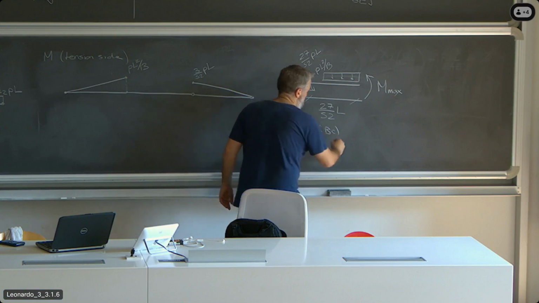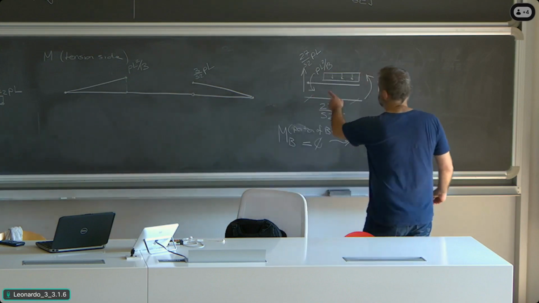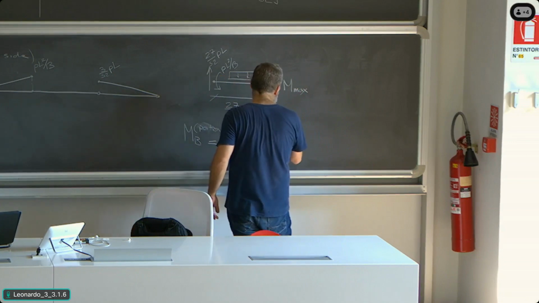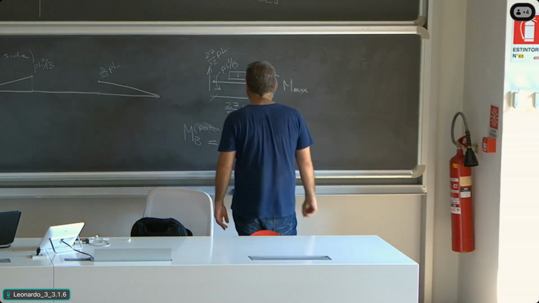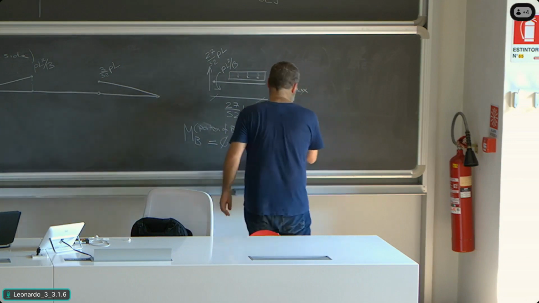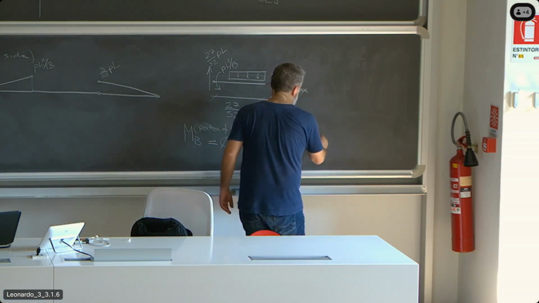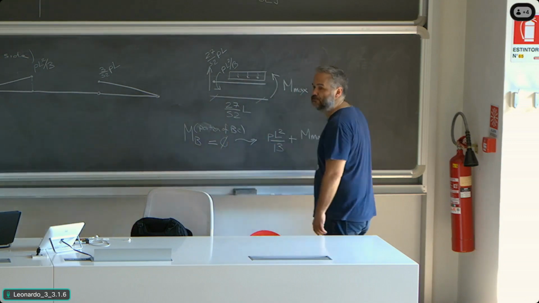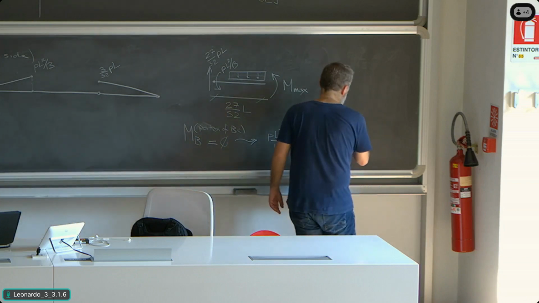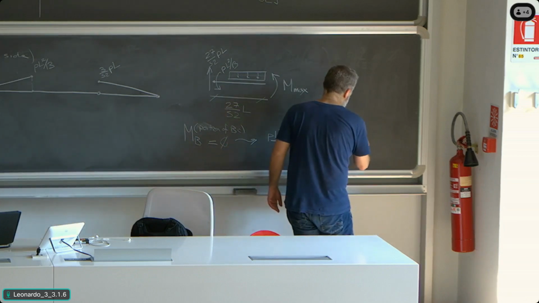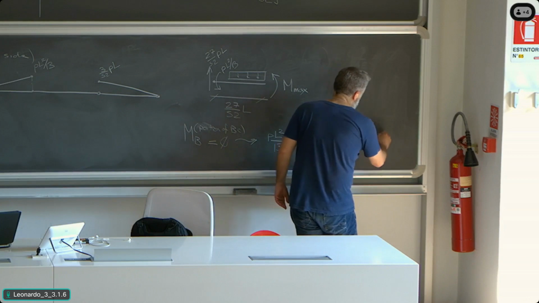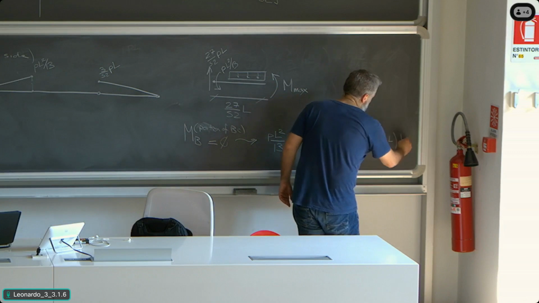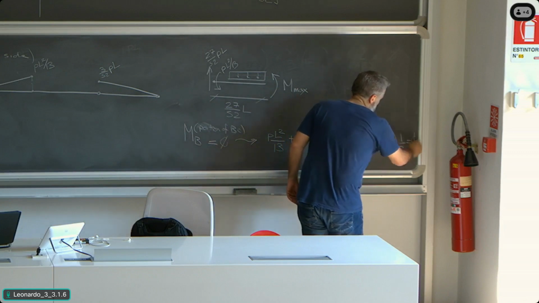equals 0. So what I have is PL squared over 13, which is counterclockwise, plus the maximum bending moment M max, minus the contribution of the distributed load, which is 27 over 52 PL times 27 over 52 L multiplied by 1 over 2 equals 0.